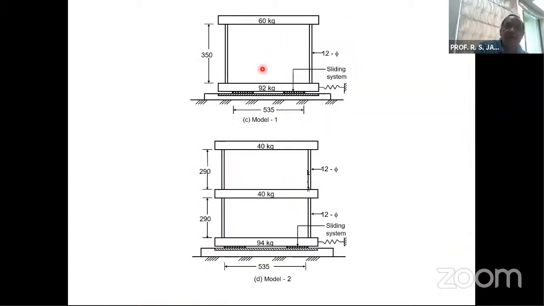So this is a model of a one-story structure with a sliding isolation system, and one can call it a pure friction sliding system, as there is no restoring force in it. Because of this, it undergoes a large drift at the end of an earthquake.